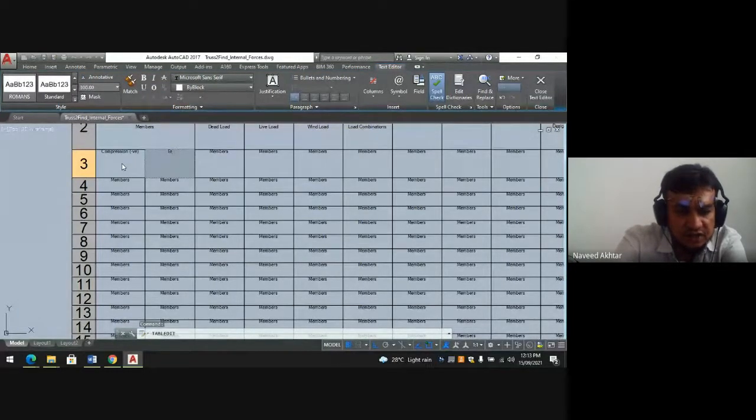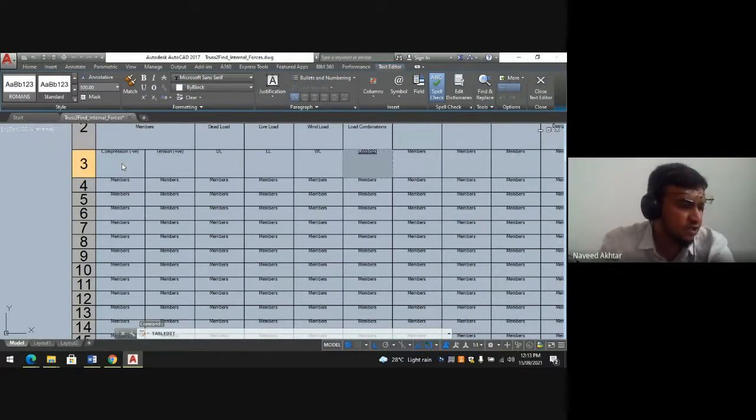And tensile force is generally considered positive in steel structure. Dead load we are denoting by DL, live load we are denoting by LL, wind load we are denoting by WL.